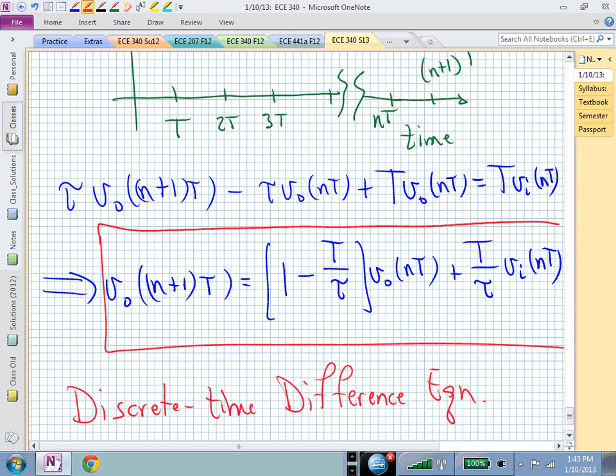All of those are the same, just in different representations. And that's what we want to get comfortable with in this class. This is now a relationship between signals and a system. The system basically is tau, the time constant. A first order system, that time constant governs pretty much everything.